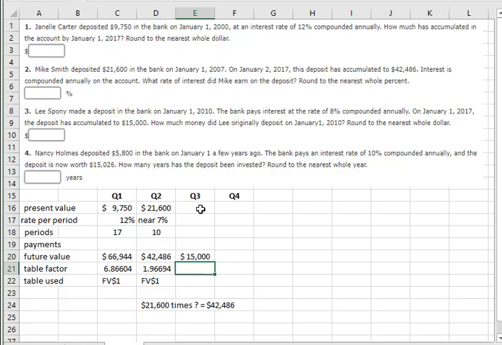They don't tell us what they deposited here. They tell us a deposit was made, but not the amount. And 8%. How many years do we got here? They deposited 7 years earlier. The deposit was made in January 2010, 7 years before it accumulated to $15,000. So how much did they originally deposit?